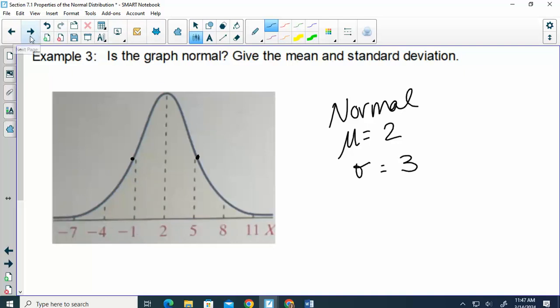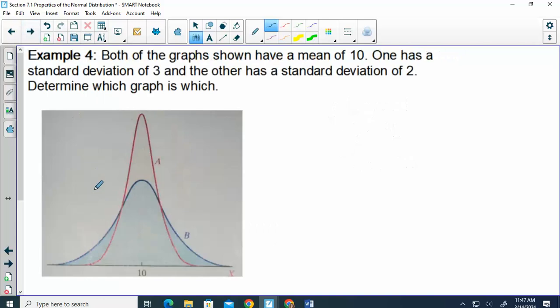All right, let's compare a couple. Both of these have a mean of 10. If I look, that's where we have our highest point. One of them has a standard deviation of 3. The other has a standard deviation of 2. Which is which? Why?